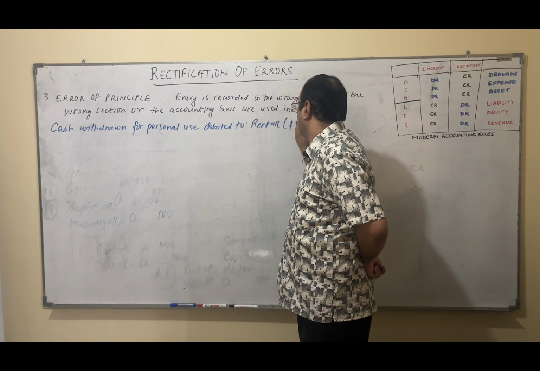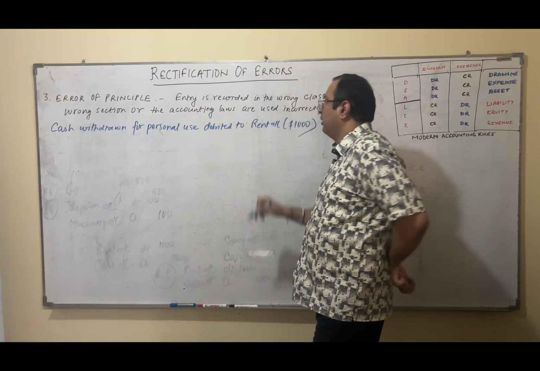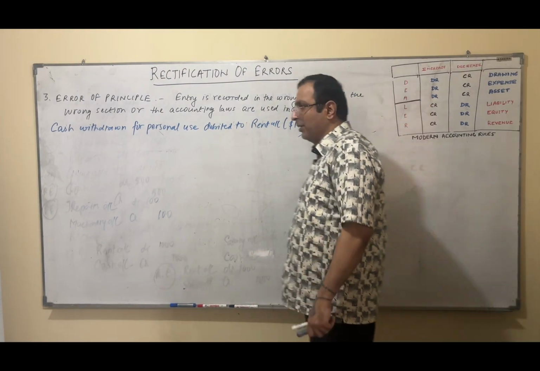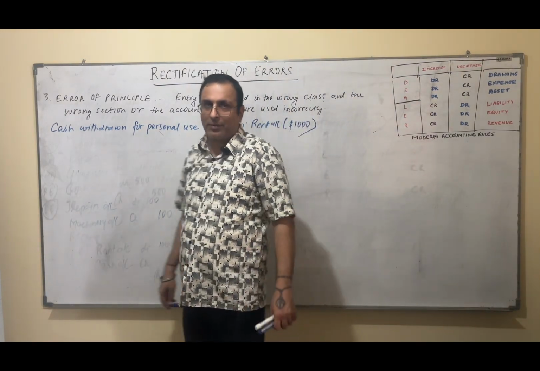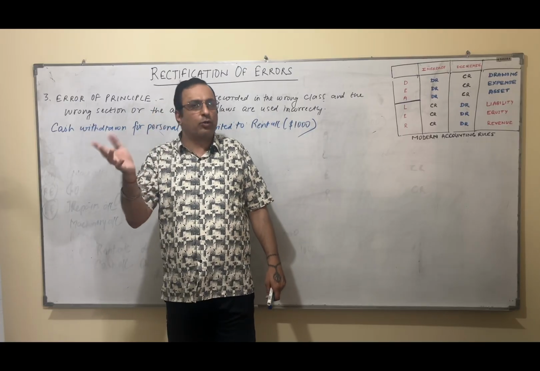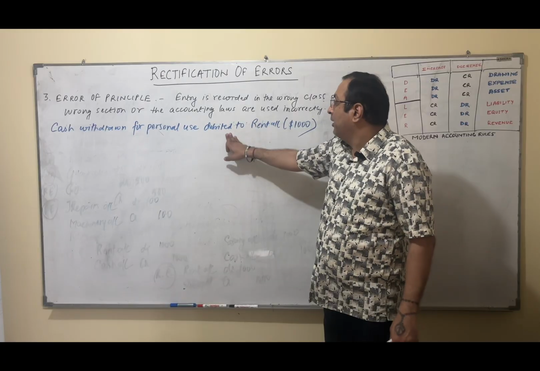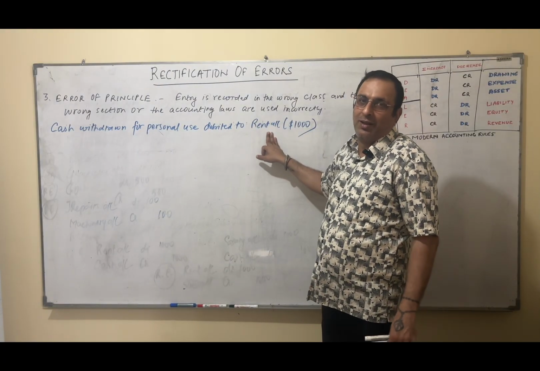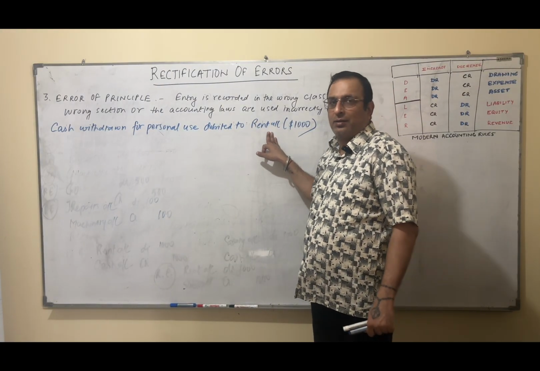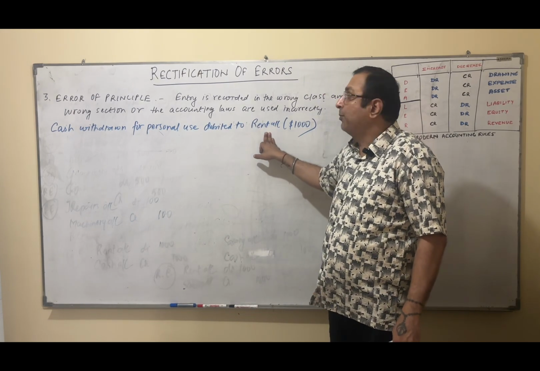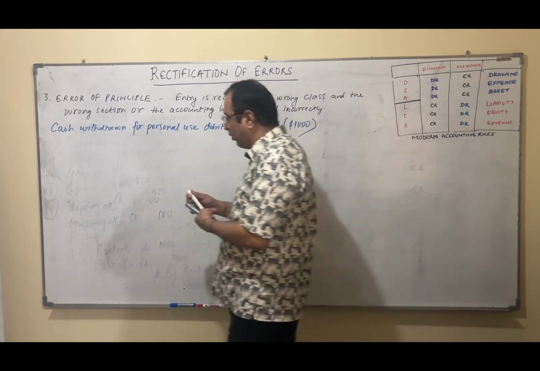Suppose it is again 1000. Now, any cash withdrawn for personal use is drawings. An increase in drawings is debit. It should be debited to drawings account. But what mistake have I done? I have debited it to an expense account. See, I cannot identify the amount withdrawn for personal use and expense. Again, principal mistake.